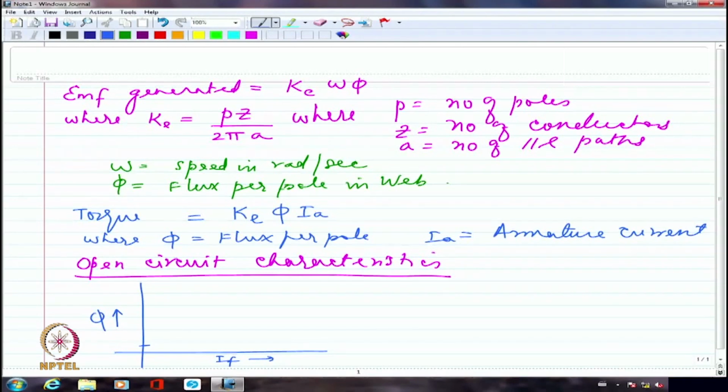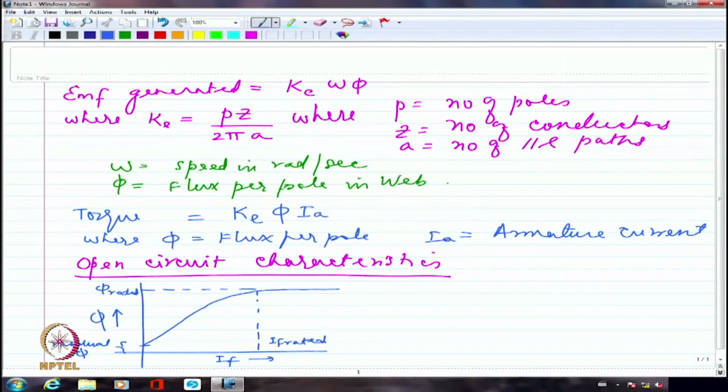As I increase the field current, I am going to see the flux increasing, and then it reaches a particular value and almost saturates there. There is hardly any variation of flux beyond this value. So let us say this I call IF rated, which also implies a particular value phi rated, and this is going to be the residual flux value.